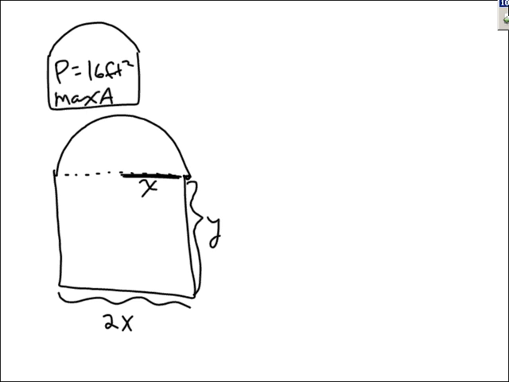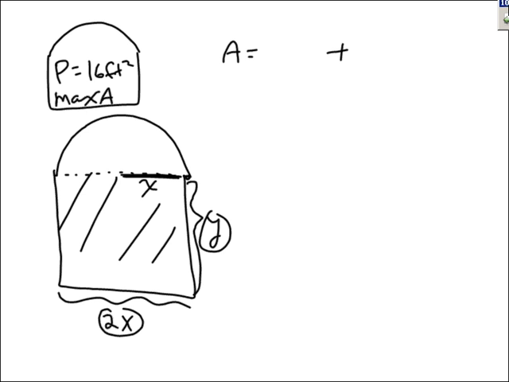Okay. So now the area, well, it's going to be a sum because we have two pieces. The area of this is side by side, 2xy, plus the area of the semicircle. That is the area of the half circle.